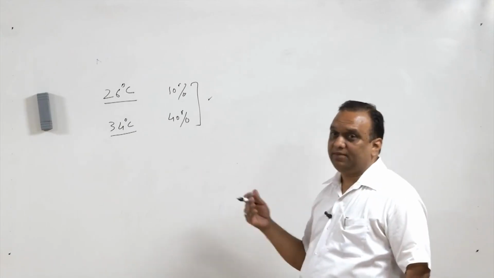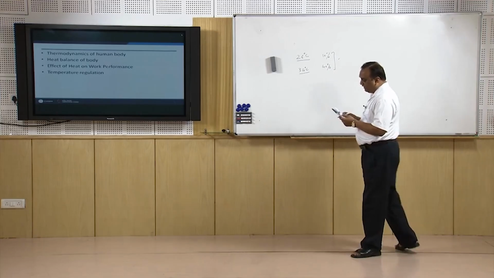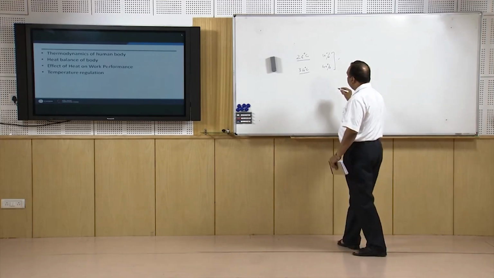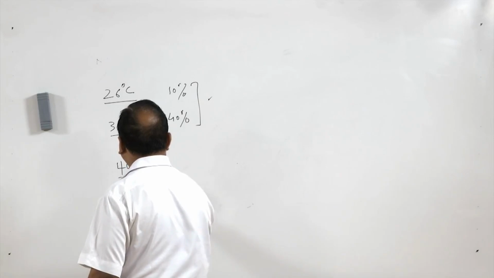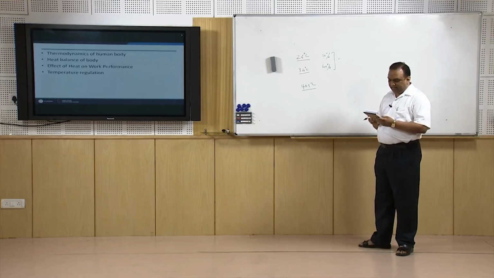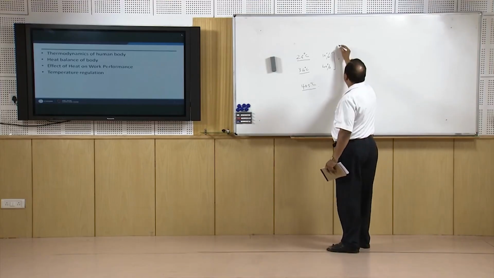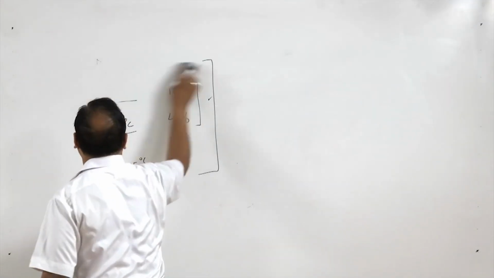Now, if the temperature keeps on increasing, with body temperature above 40.5 degrees centigrade, the body will experience heat stroke. Before heat stroke, there are certain other stages also. I will take them one by one.